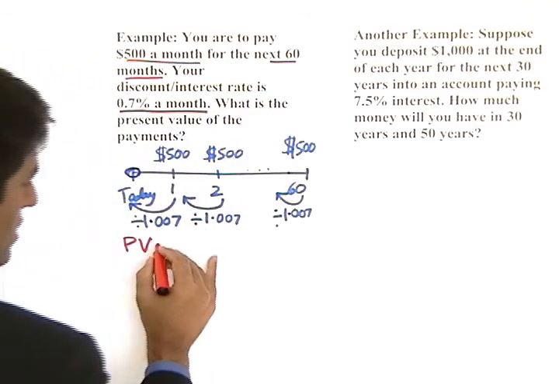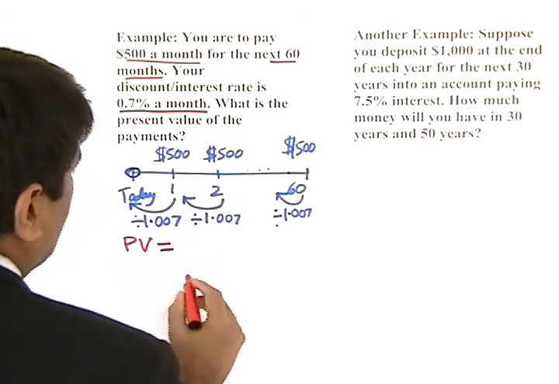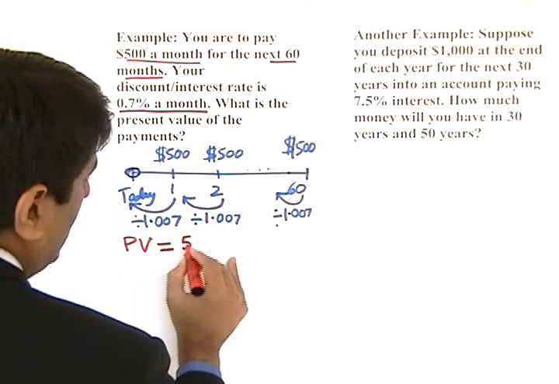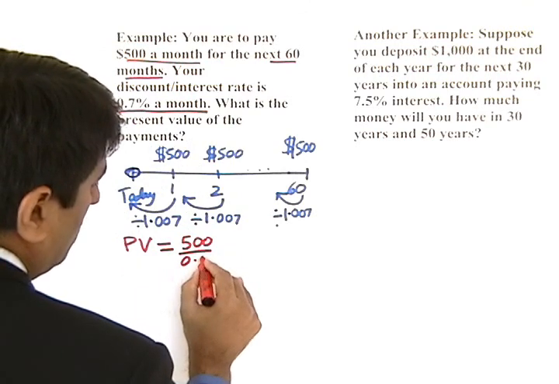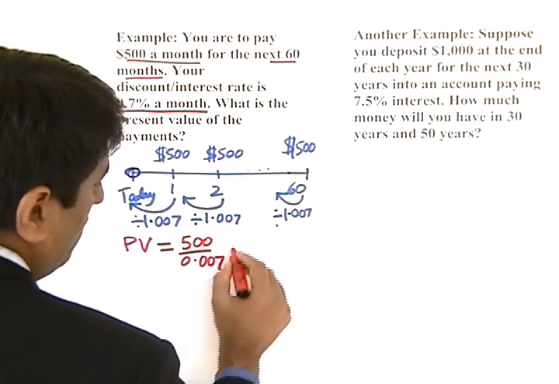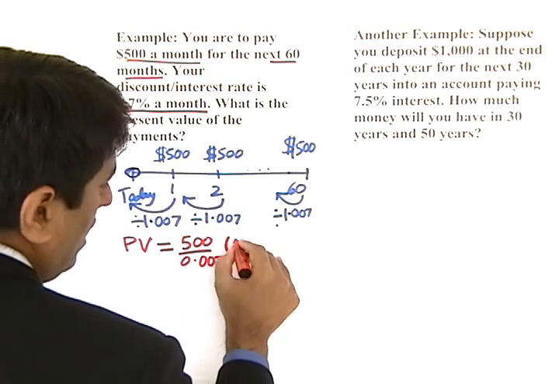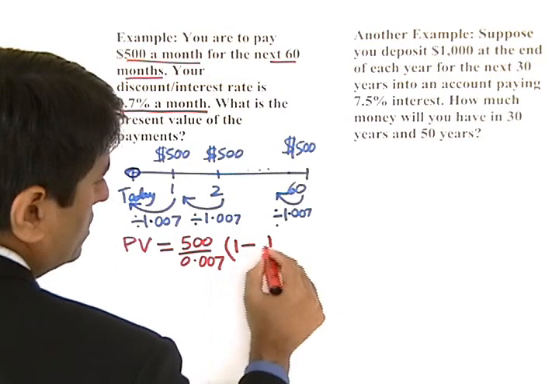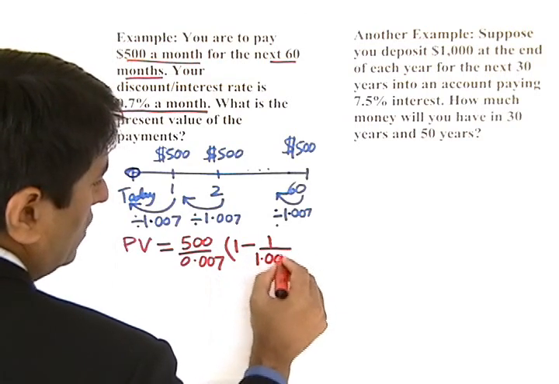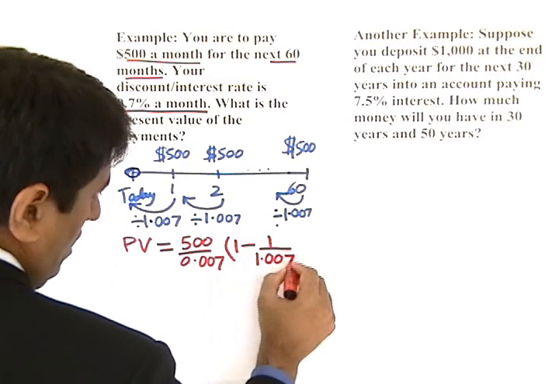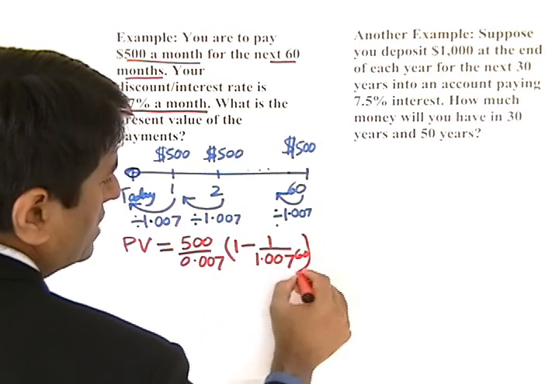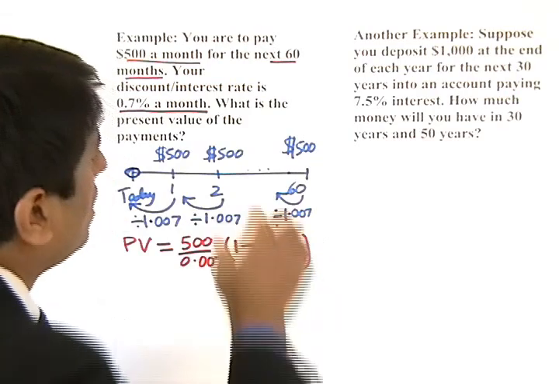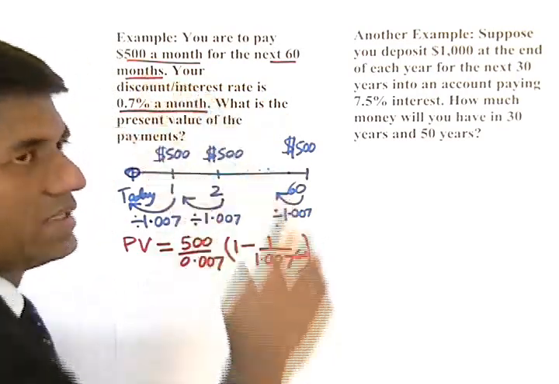So the present value, according to the annuity formula, will be 500 divided by 0.007 into 1 minus 1.007 to the power 60, because there are 60 periods. It is not important whether it's months or years.